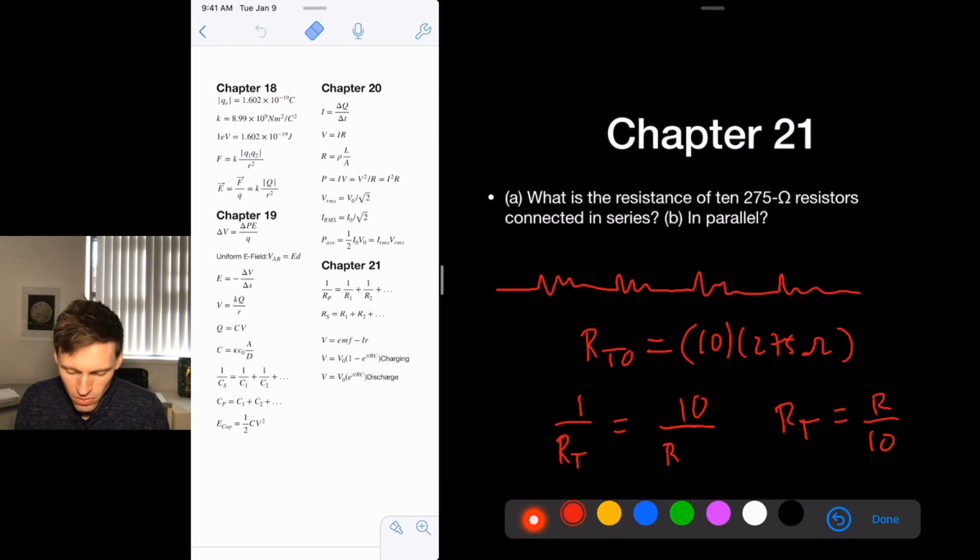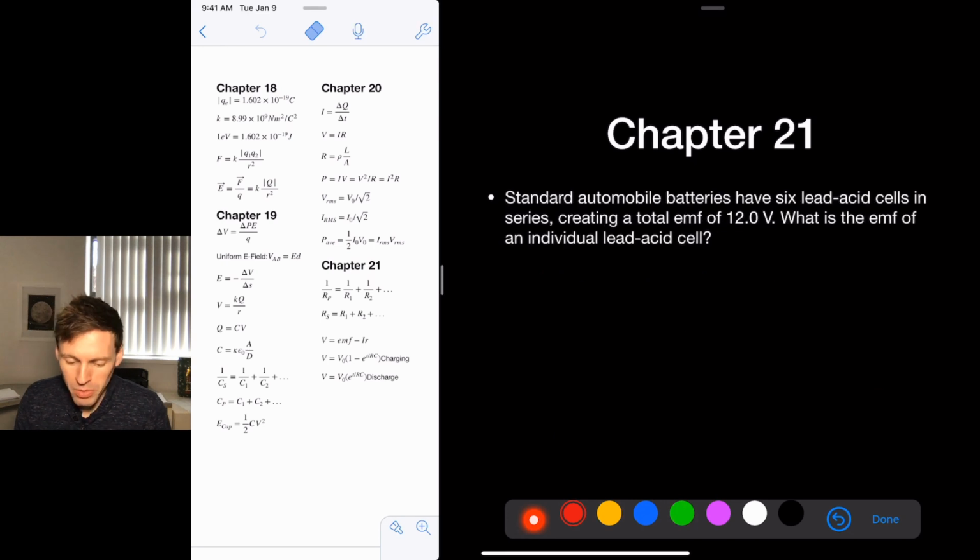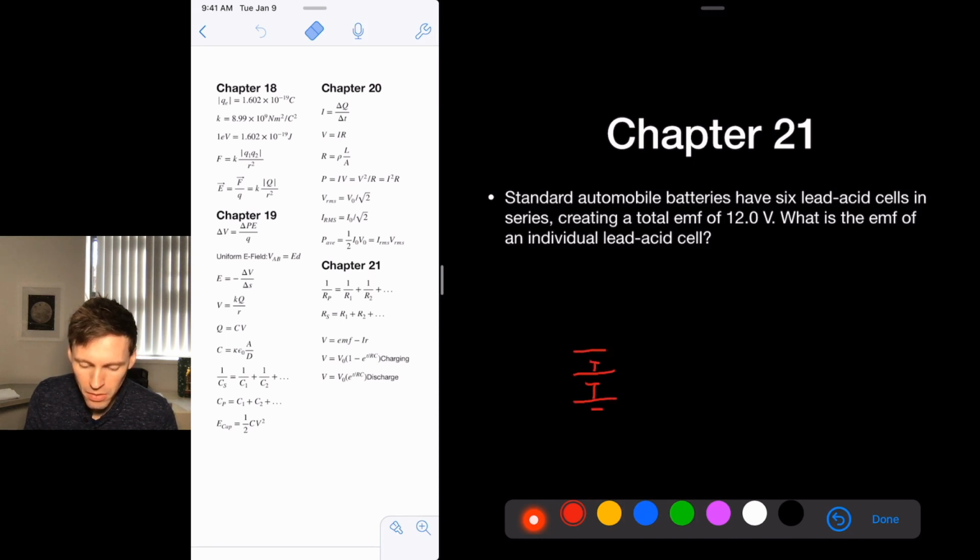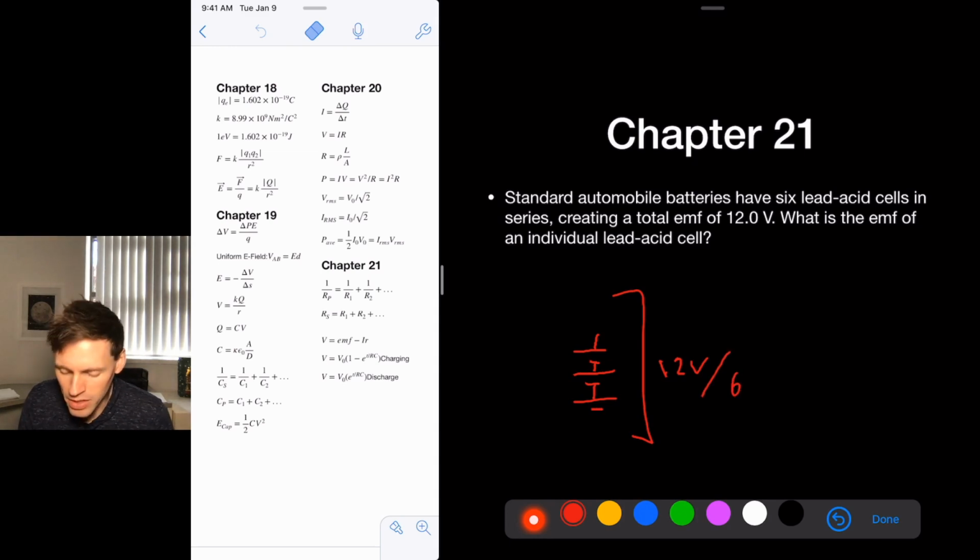Standard automobile batteries have 6 lead-acid cells in series, so you have a battery, a battery, a battery, and so on. Your total is 12 volts of EMF, but what is the EMF of an individual lead-acid cell? Since they're in series, you can just do 12 divided by 6 cells, and that tells you each one is 2 volts.